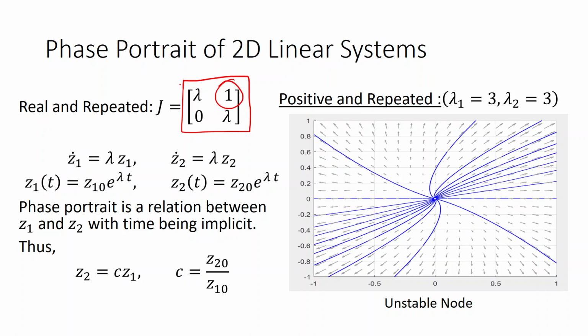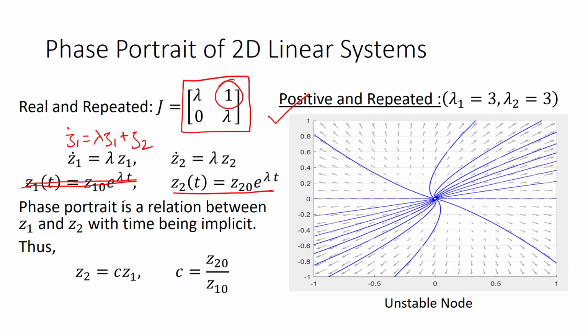Actually this should not be the analysis, it should be z1 dot is lambda z1 plus z2, and the solution z2(t) is right, but z1(t) is not this one. It would be something different. Let us not spend time here because this is not interesting. The interesting thing is the diagram actually. So let us look into the diagram.